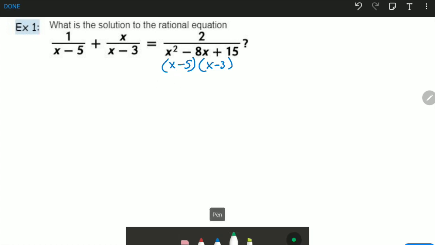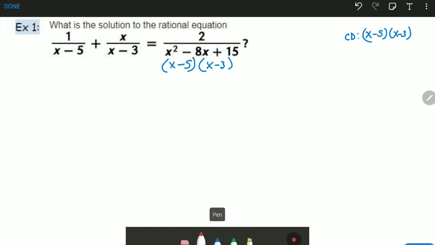The reason why they are the factors is they do multiply to be the positive 15 and add to be the negative 8. Our common denominator needs to consist of each factor we see in the bottom of the fractions, which are, again, the x minus 5 and the x minus 3.